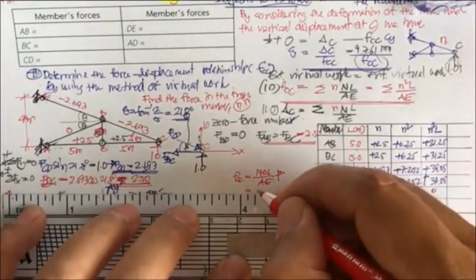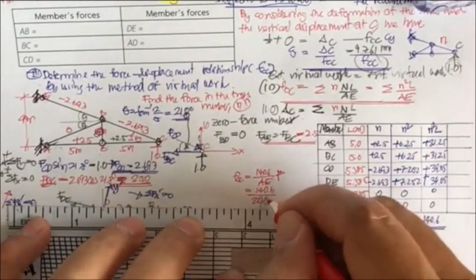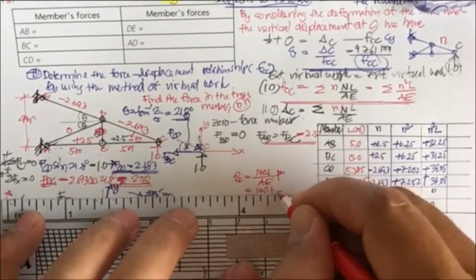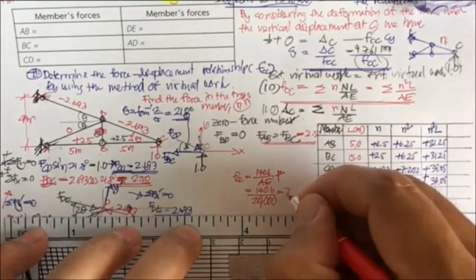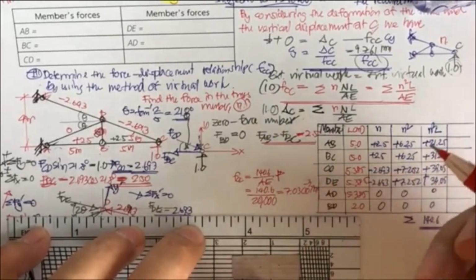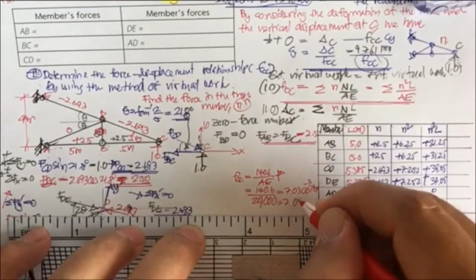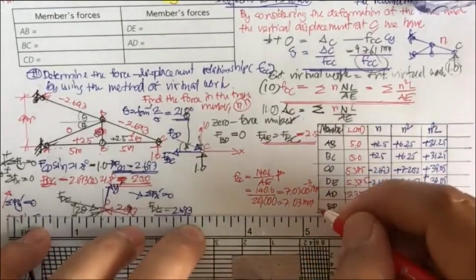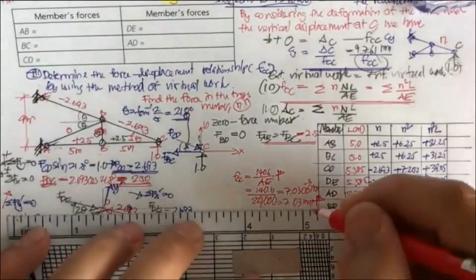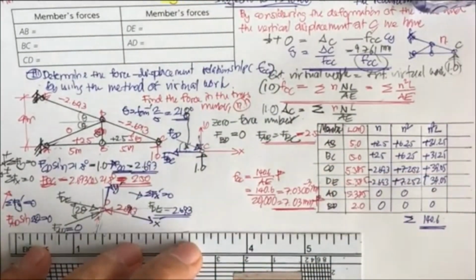This is going to be 140.6 divided by 20,000. And you also can see that this is going to be in meter. If you like to answer in millimeter as it was, it's going to be 3.03 millimeter. And this is going to be upward. Okay, that is the result that you may have.